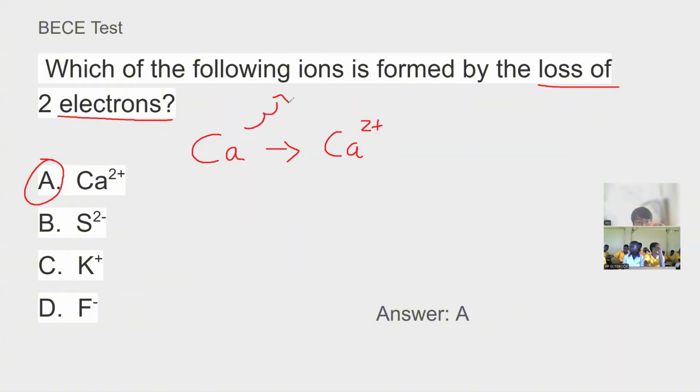So 2 electrons are gone. Since electrons are negatively charged, when an atom loses an electron, it becomes positively charged. And loss of electrons always means cation. And what are cations? They have positive charges. So that's why the answer is Ca2 plus. Great job.